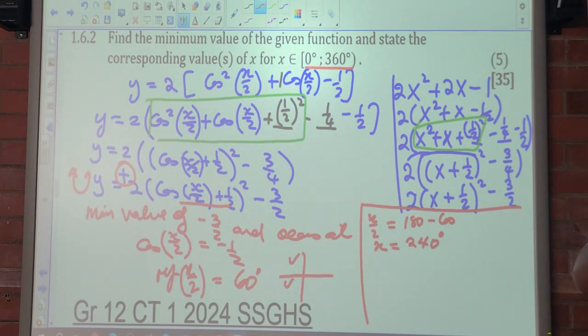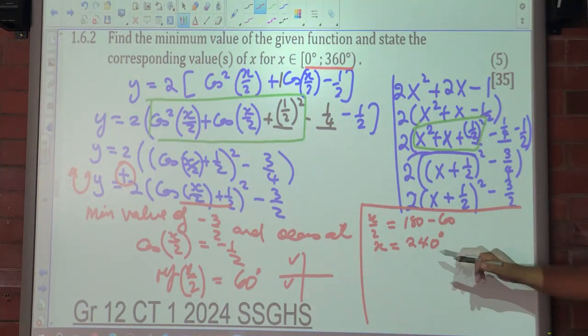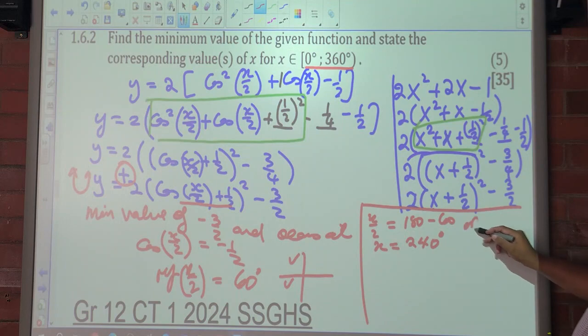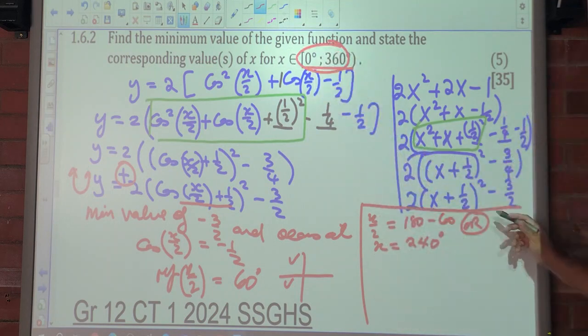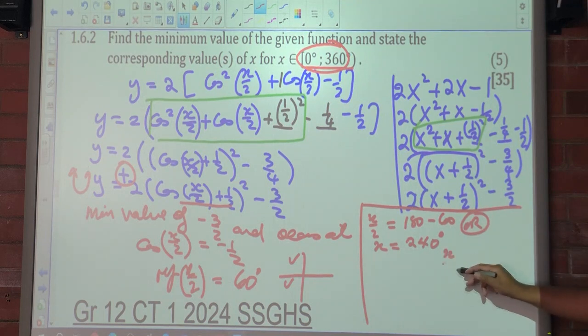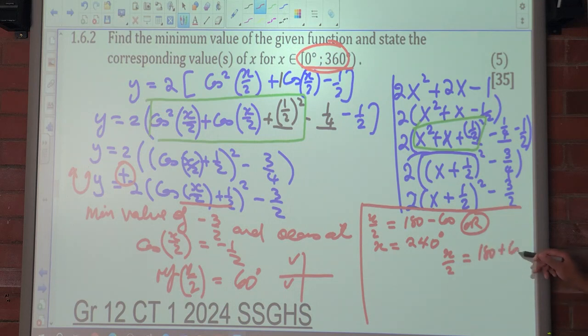Okay. And there was 120, okay. So it's 240. As you can see, 240 is within that given domain. On the other hand, it's going to be x over 2 equals 180 plus 60. Then plus k times 360 is again going to be outside, other than with k equals 0.